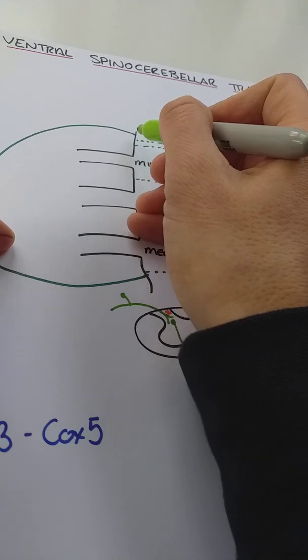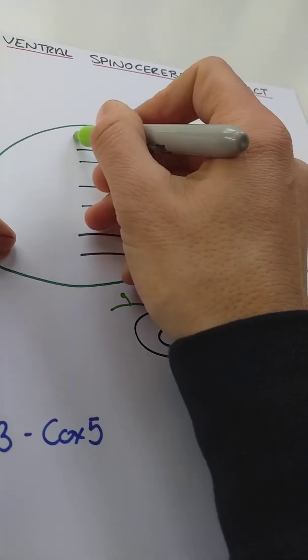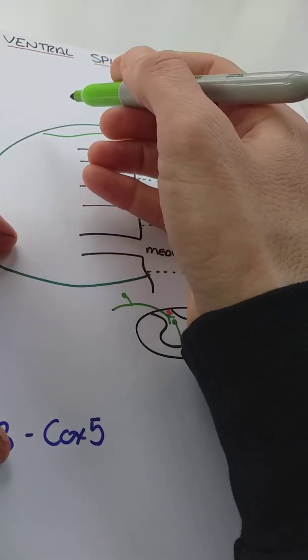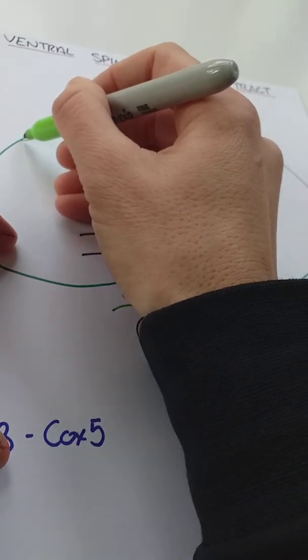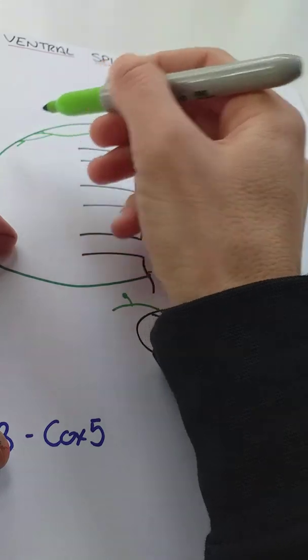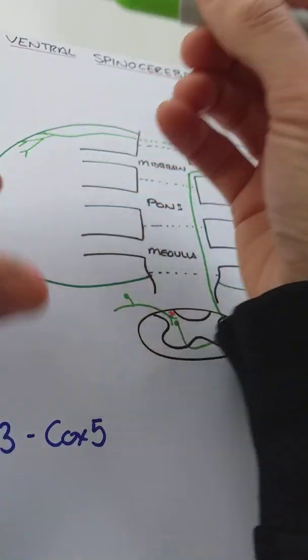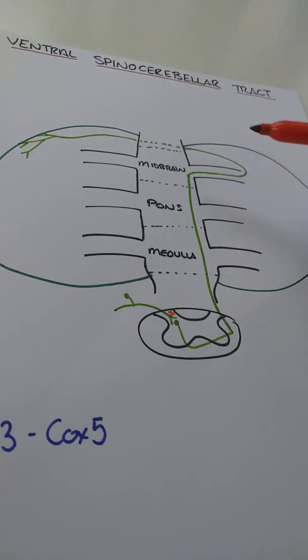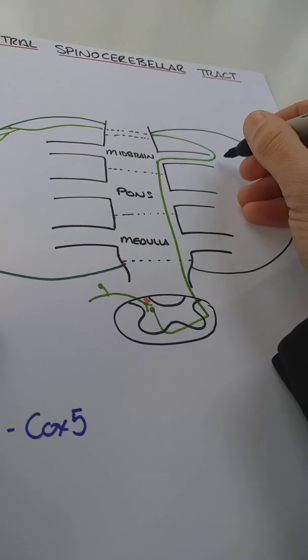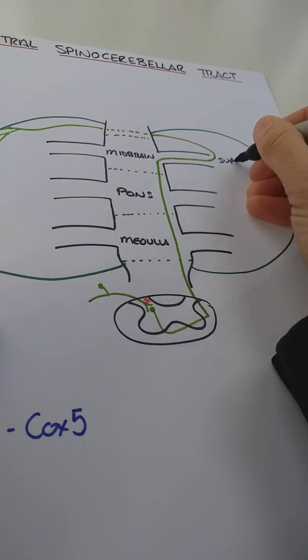And then we'll meet your third order neuron somewhere around here. So the cheeky bit is that it comes up, spins around the back of the cerebellum, and then heads out, remembering that's your superior peduncle.